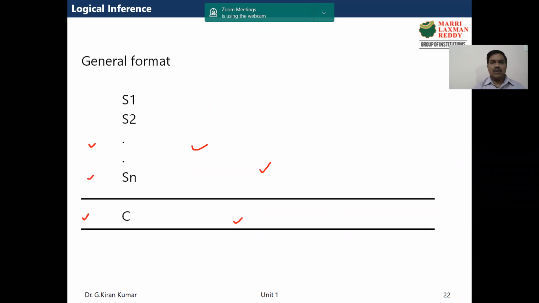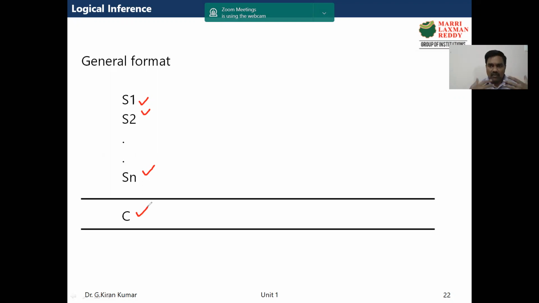You will be having n statements. In the earlier example there are two, but in general it is n statements: statement 1, statement 2, statement 3, and so on, statement n, followed by a conclusion. So this is the general problem format.